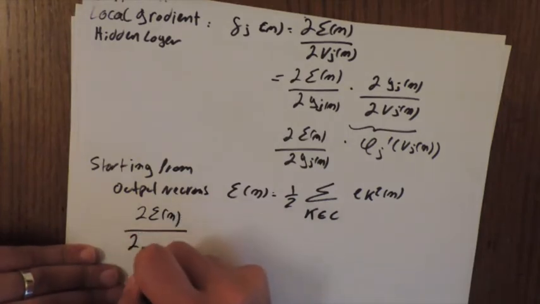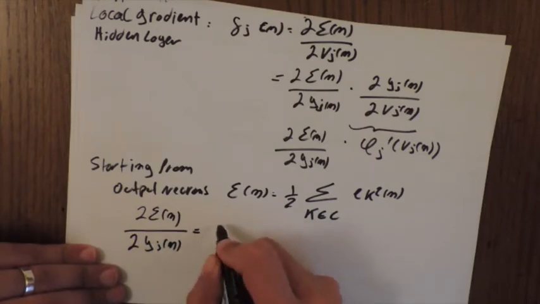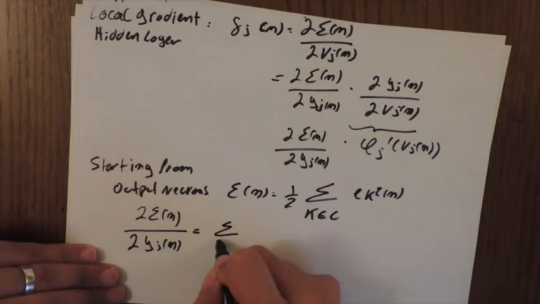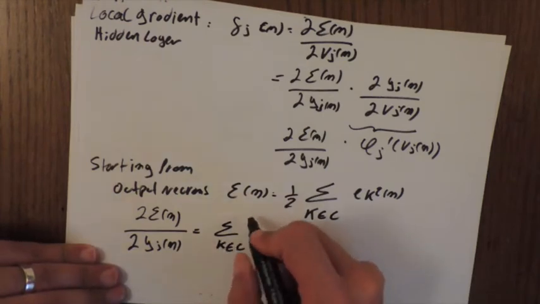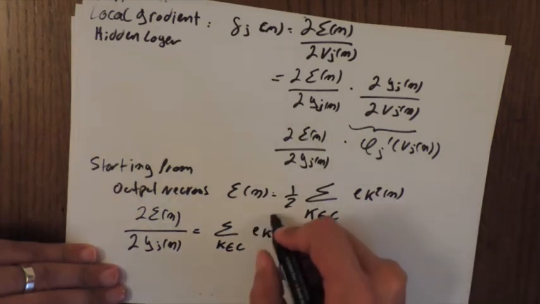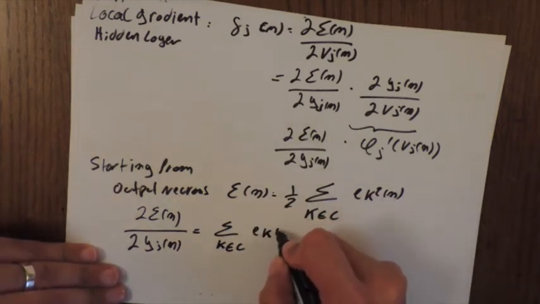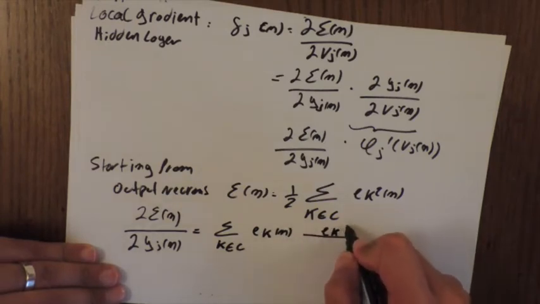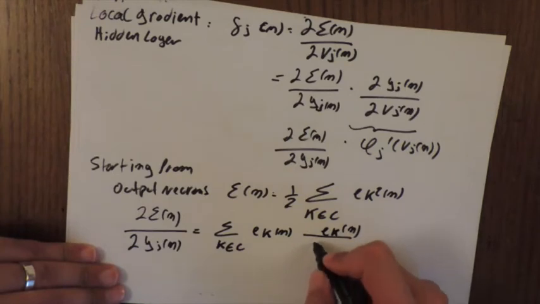With respect to yj of n, we take the summation out, and we have ek squared of n, which gives ek of n times the partial derivative of ek of n over the derivative with respect to yj of n.